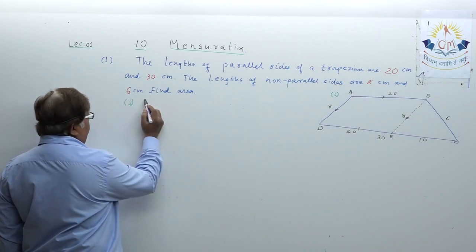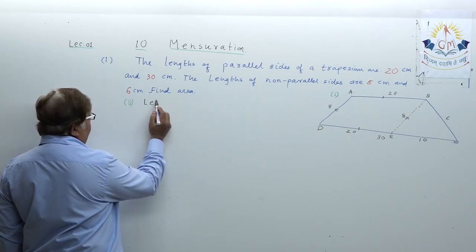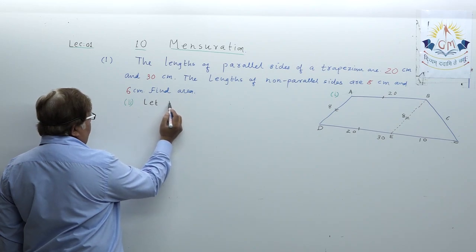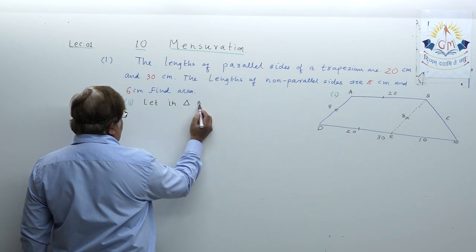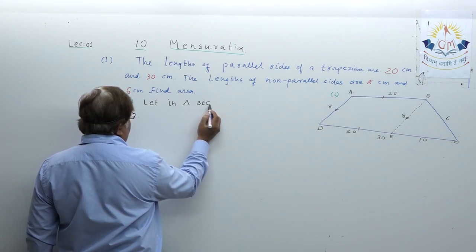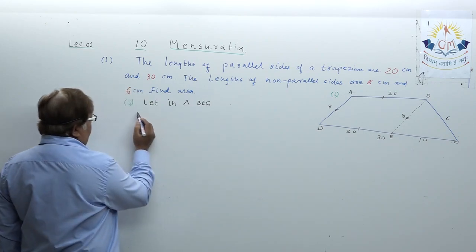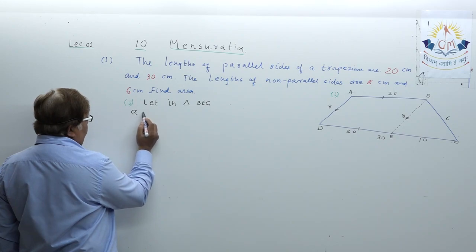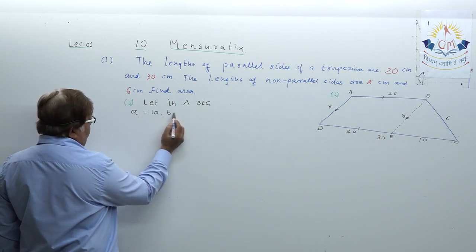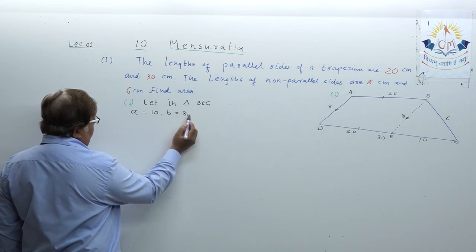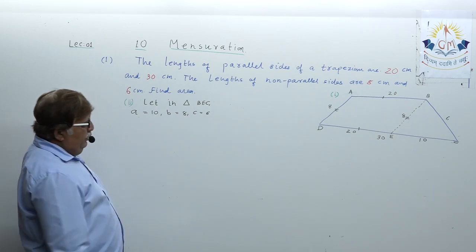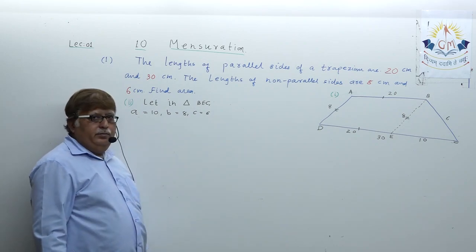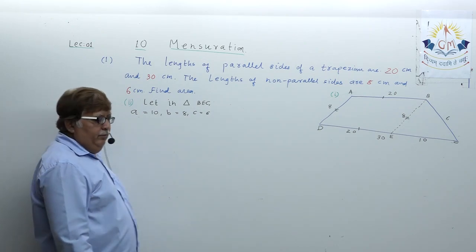Let us write, in triangle BEC, okay, let A equal to 10, B equal to 8, C equal to 6. Any side you can take as A, B, C, that you know very well.